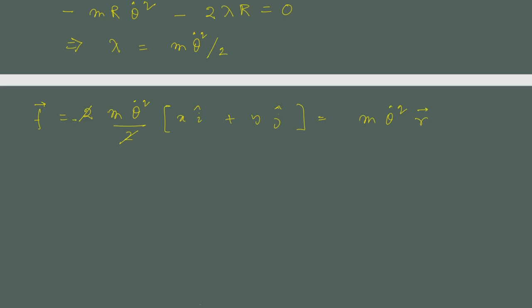And we should not forget the negative sign. So that means for this particle, the constraint force is inward along the radial vector. Of course, that negative sign means that.